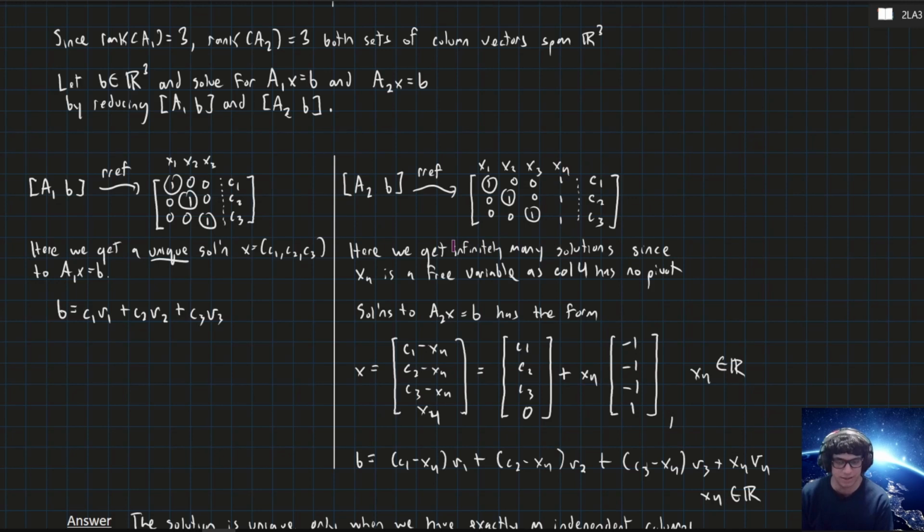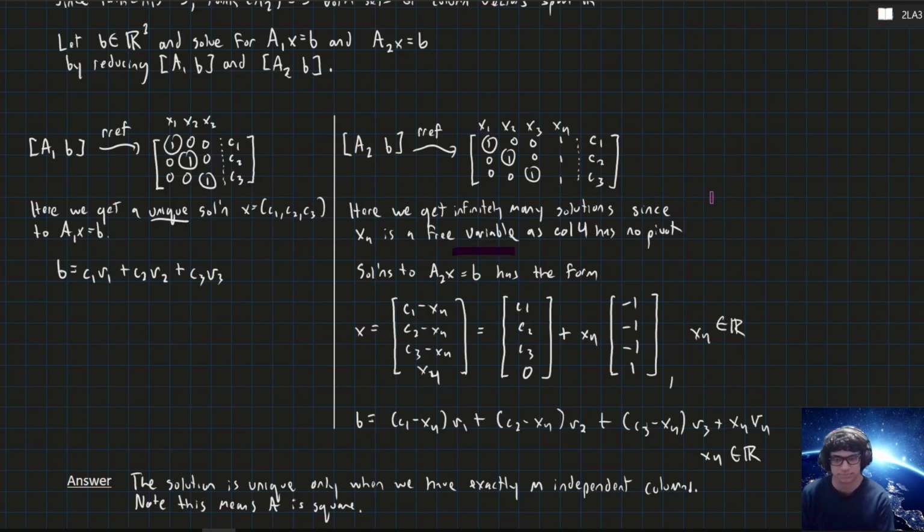And so we'll get infinitely many solutions. We can write out what the general form of those solutions is going to be, and it'll look something like this. Remember, from row 1, we can isolate for x1, so it'd be c1 minus x4, and similarly for x2 and x3.